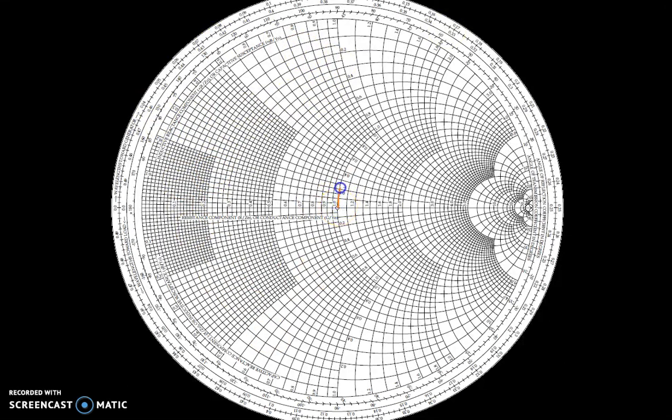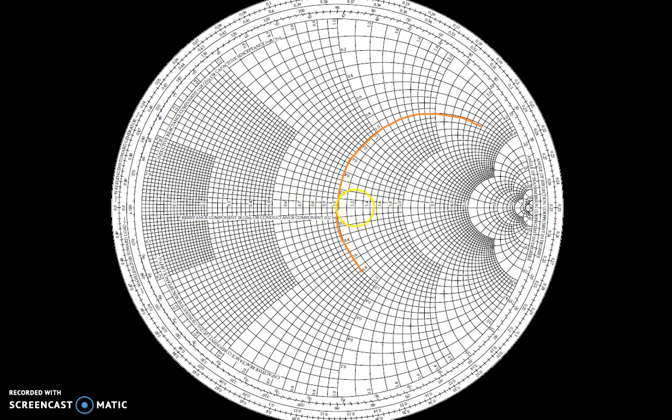For example, there is this circle here at this position where it says 1. This horizontal axis here is the real axis. So where it says 1, then it says 1.2, 1.4, 1.6, etc. What this means is that the normalized resistance has the value which is shown here on this horizontal axis.